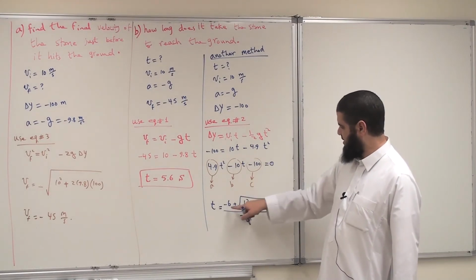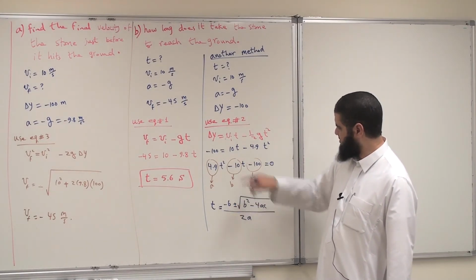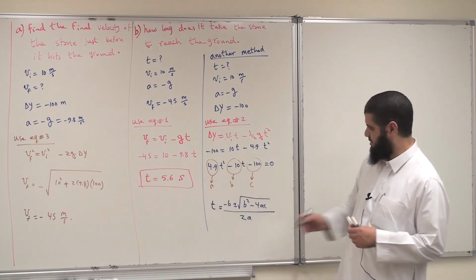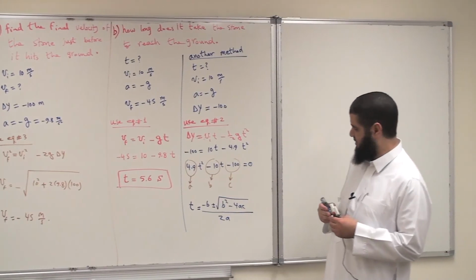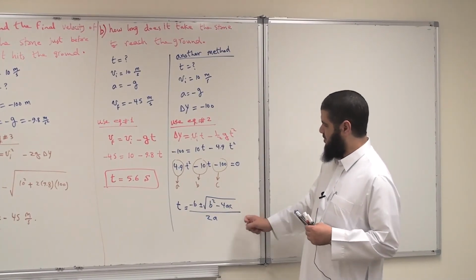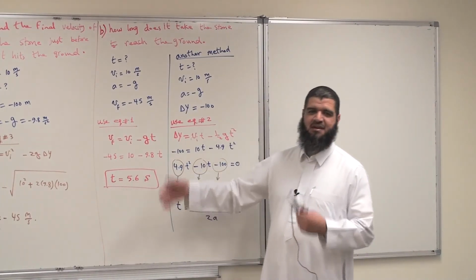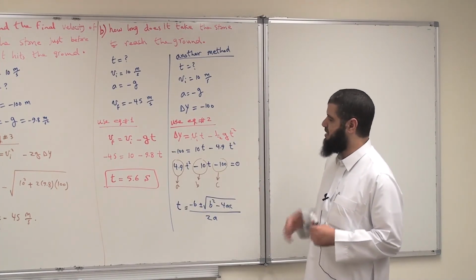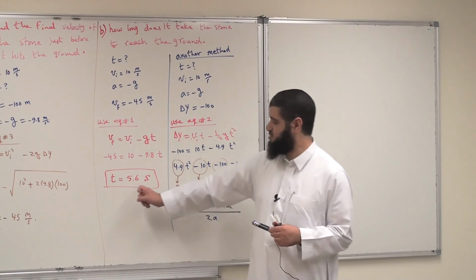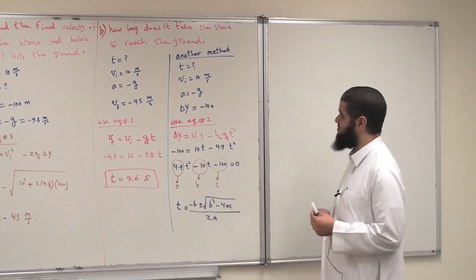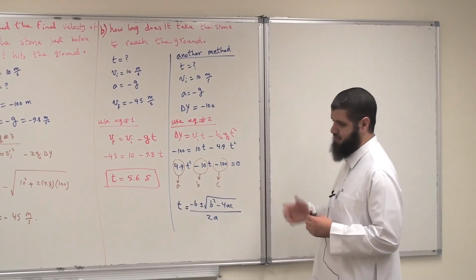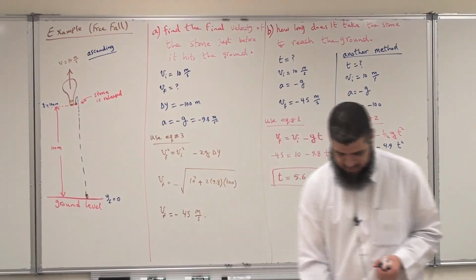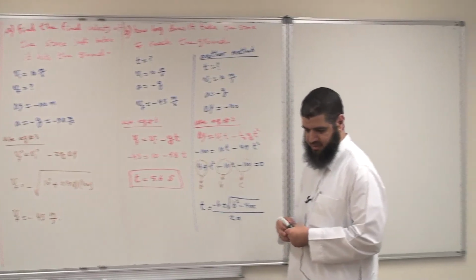B is minus 10, c is minus 100, a is 4.9. Plug in these values and you will get the time. One of them will be 5.6 and the other will be a negative time. So ignore the negative time and choose the correct answer, which is 5.6. I hope you understand this important example.